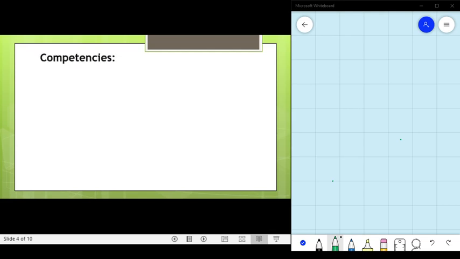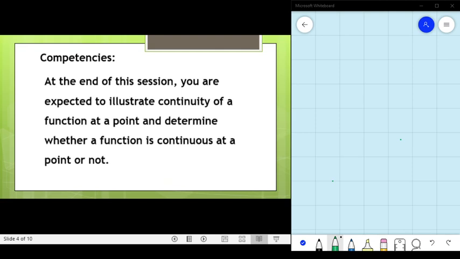The competencies. At the end of this session, you are expected to illustrate continuity of a function at a point and determine whether a function is continuous at a point or not.